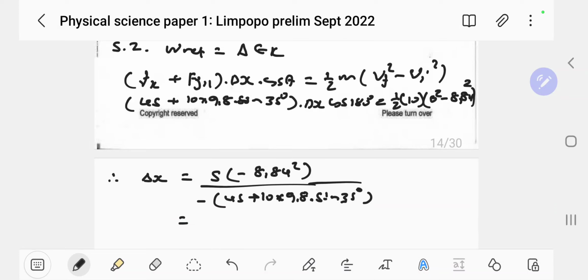I think here I kind of relaxed a bit, but it's no trouble. We have 5 into 8,84 squared, divided by 45 plus 10 times 9,8 times sine of 35.